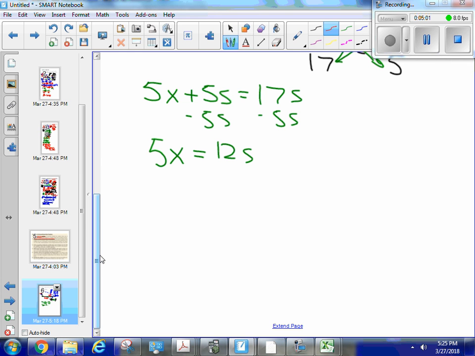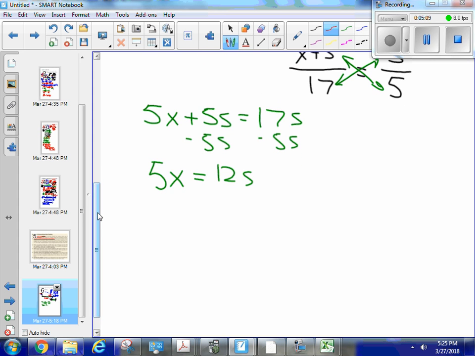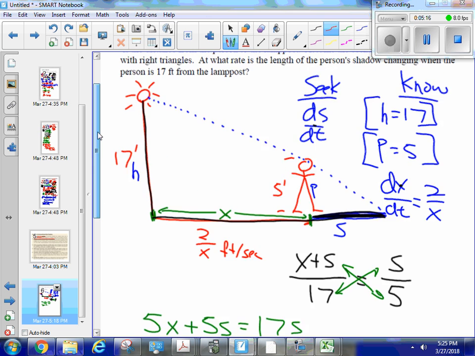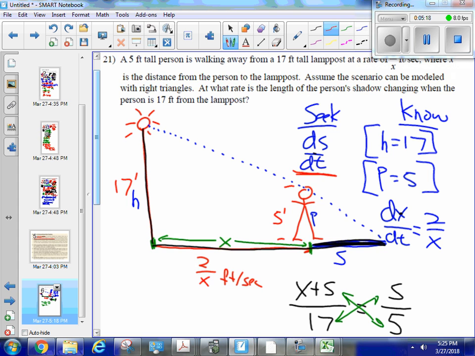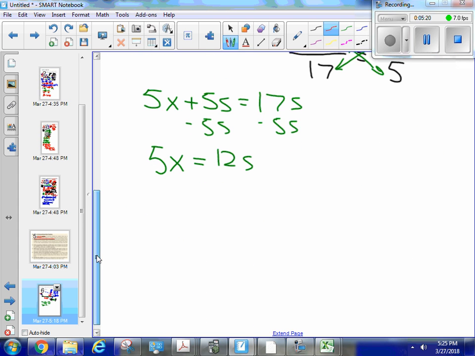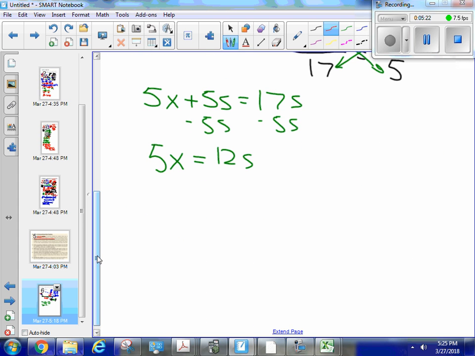I know what dx dt is. So I think I'm going to make my life just a little bit easier since I'm seeking ds dt. I'm just going to get my s all by itself. So I'm going to divide both sides by 12. So I know that s is equal to 5/12 x.